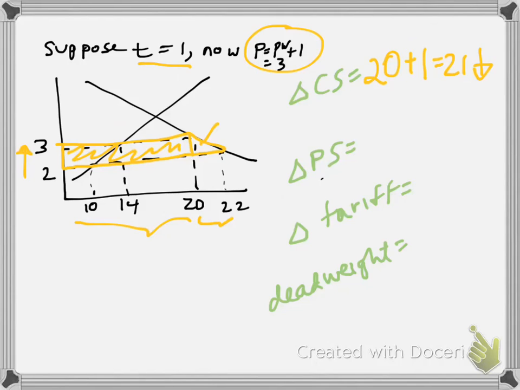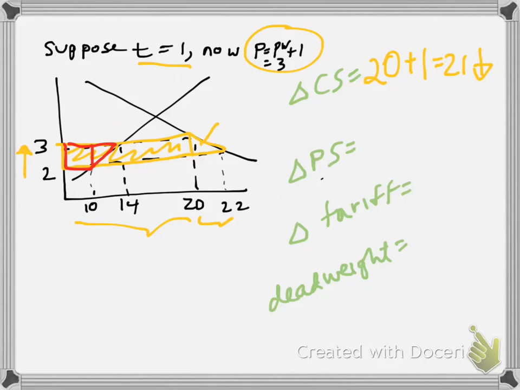Now if we want to look at the change in producer surplus, we remember the change in producer surplus is the area below the new price and above the old price, and so it's this area here, which we can think of as again a rectangle and a triangle.